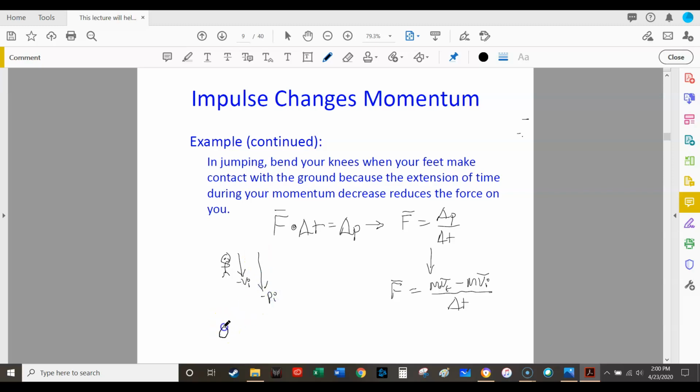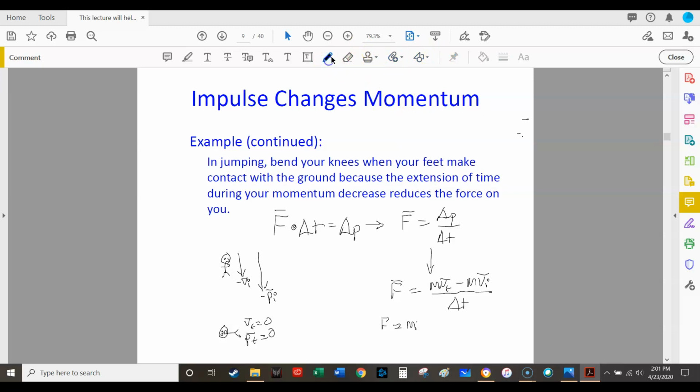Well, now you fall on the ground, and your little mouth's open and you're not feeling too good. So your final velocity and thus your final momentum are 0, right? Well, in both cases, since we're using this equation right here, your final velocity is going to be 0.